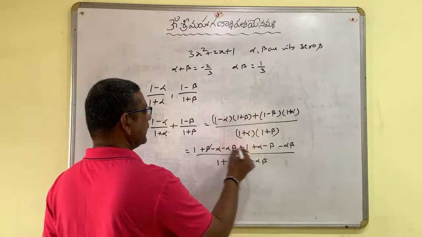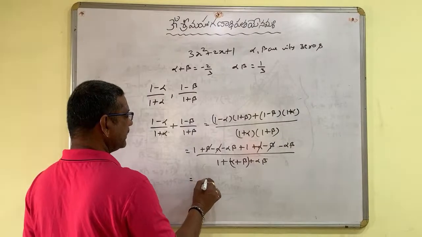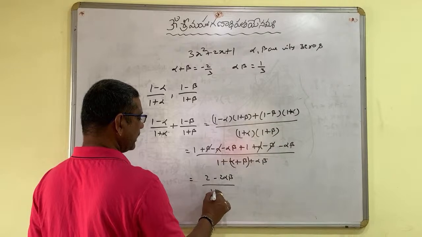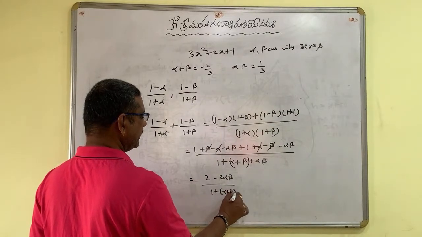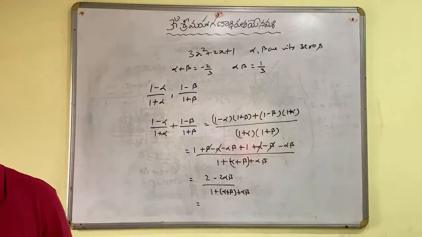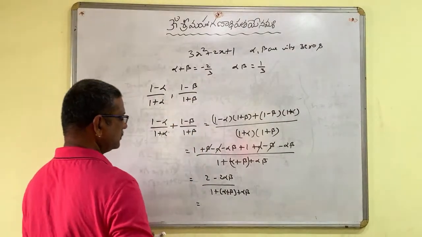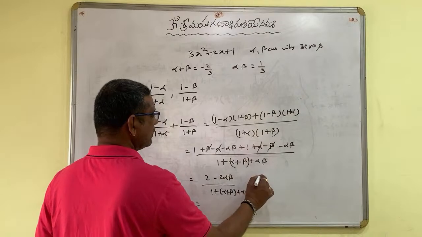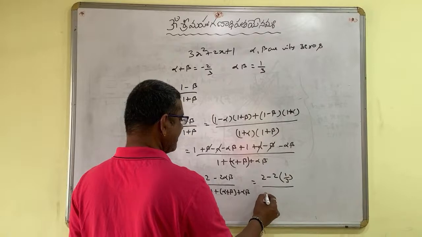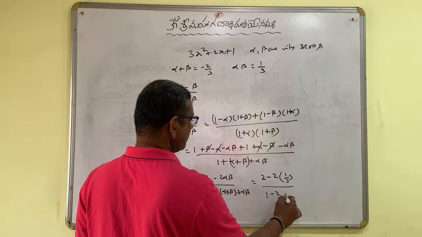So here plus beta minus beta cancel, plus alpha minus alpha cancel. What is remaining? 2 minus 2 alpha beta by 1 plus alpha plus beta plus alpha beta. Now simplify this by inserting these values: 2 minus 2 into 1 by 3 by 1 plus minus 2 by 3 plus 1 by 3.